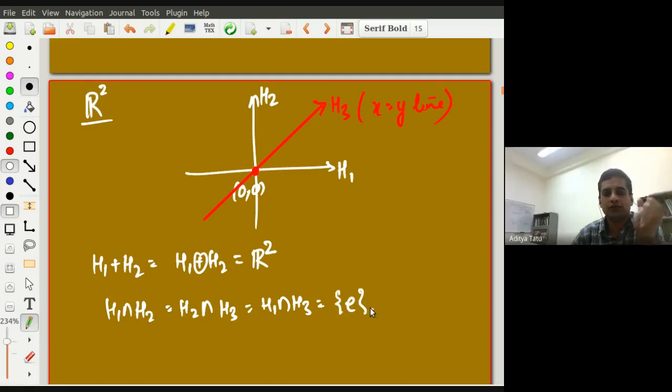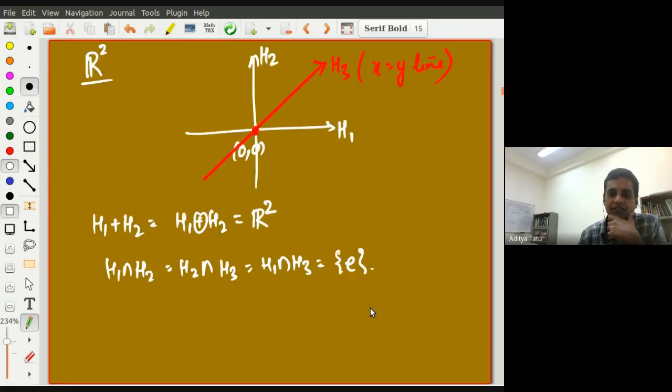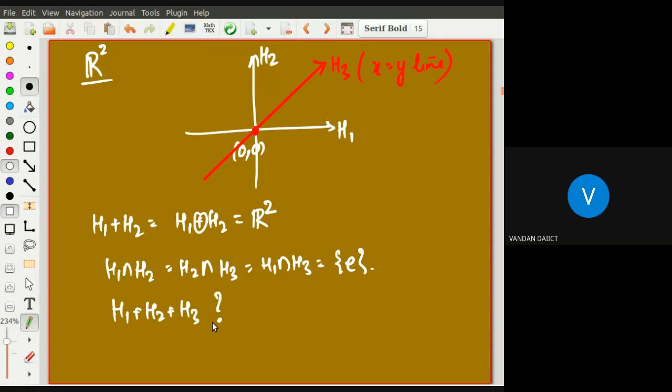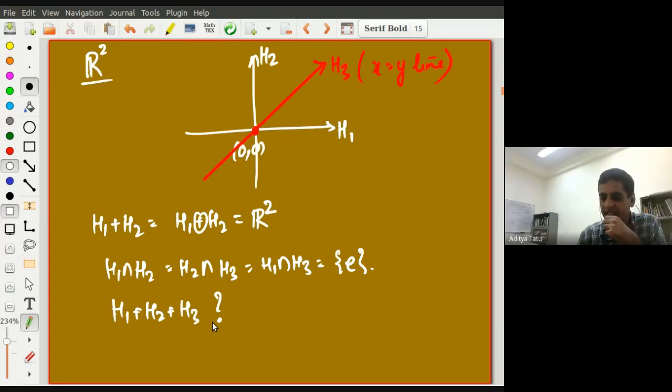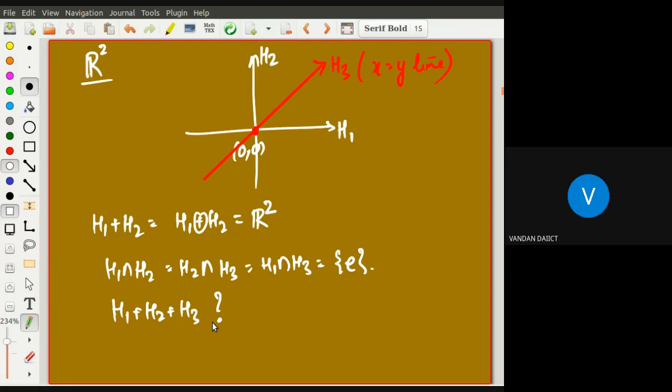So one would expect that the sum of H1 plus H2 plus H3 would be a direct sum. But that's not the case. Why is it not a direct sum? Because H3 is linearly dependent on H1 and H2.